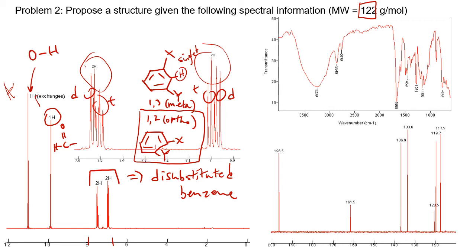In this case, usually around 11 or 12, this means we have an OH, and it either means it's a carboxylic acid, or sometimes phenols will show up around there. So we either have a phenol, so this on a benzene ring, or we have a carboxylic acid. All right, so we'll just keep that in mind. That's what we can tell right now.